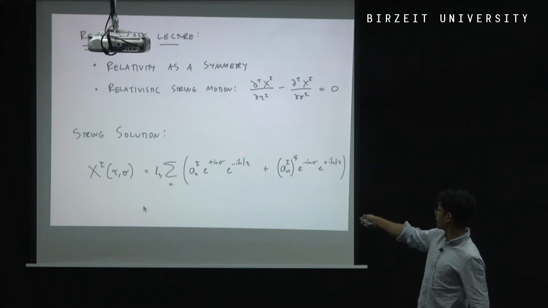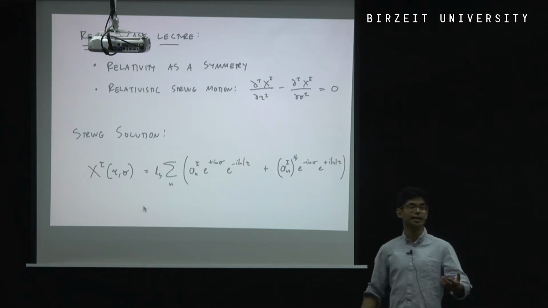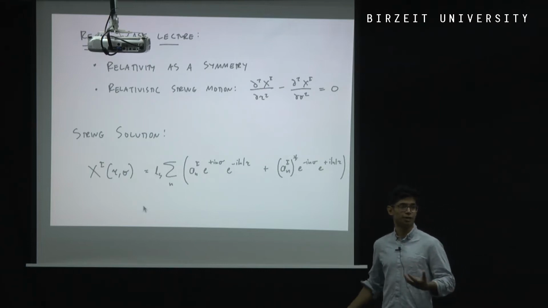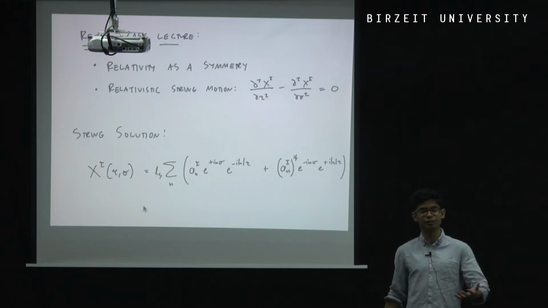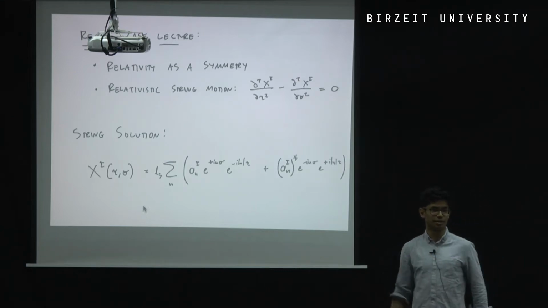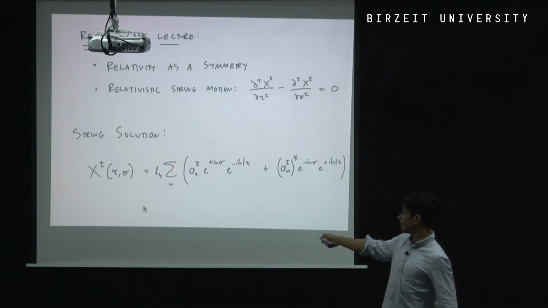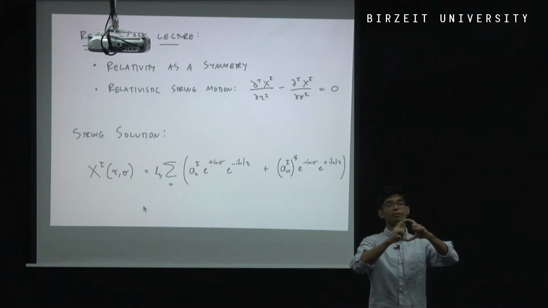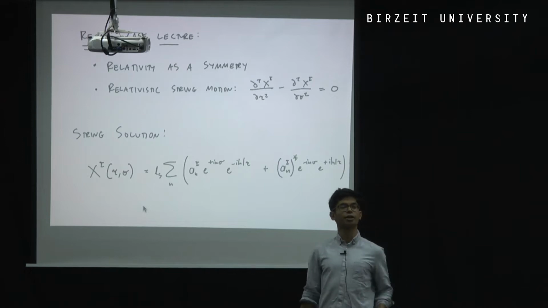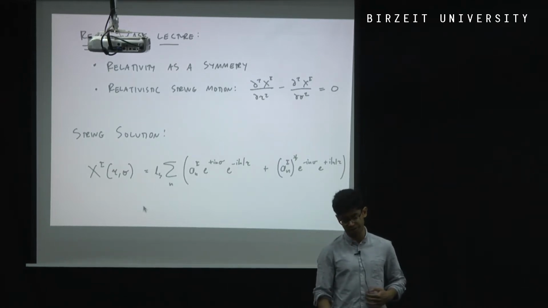I think one thing I didn't do very carefully last time was, I'm saying here that there's an absolute value around the n here. This is useful for what's going to come later. It doesn't really make any difference if you put the absolute value there or not, and you can convince yourself of that by doing both expansions and checking. You just need to move the a_n's around a little bit. Okay, and L_s here was the overall length scale of a string. From your homework, you know this is roughly expected to be the Planck scale, and you know that's very, very small indeed.